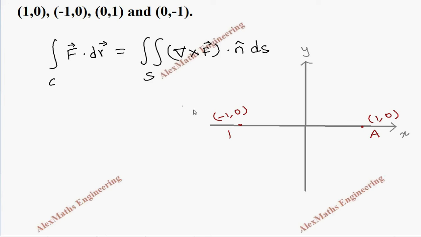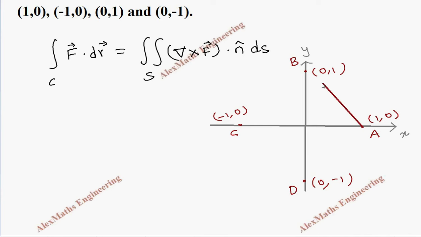We take the points in the order A, B, C, D in a continuous order. Now the third point (0, 1) will be somewhere here, then (0, -1) will be somewhere here. So this is A, this is B, this is C, and this is D. So this is our square region.